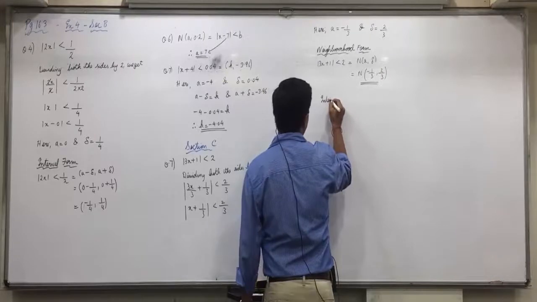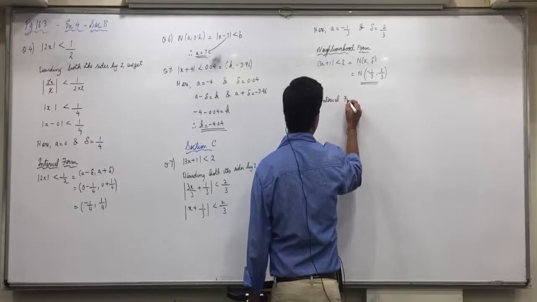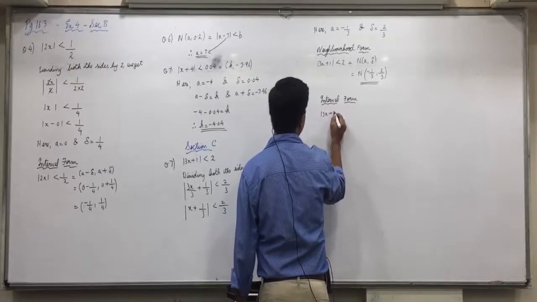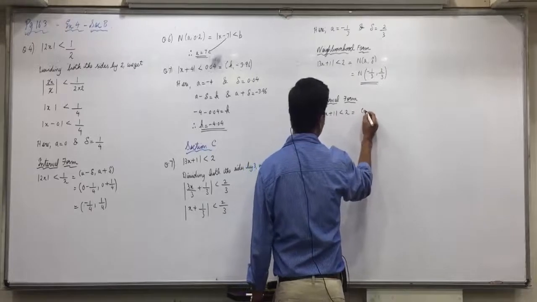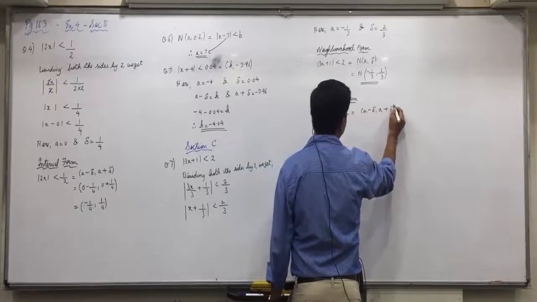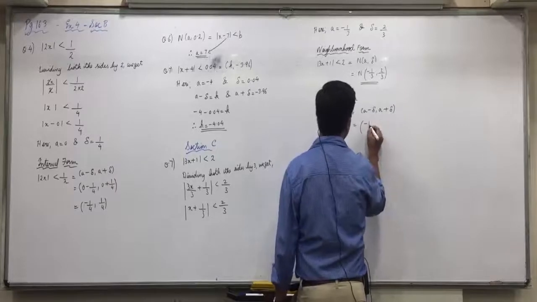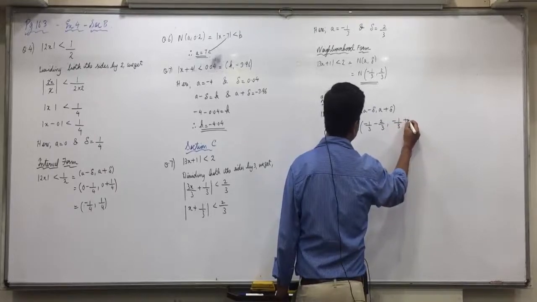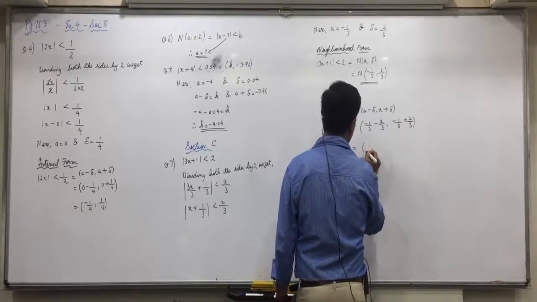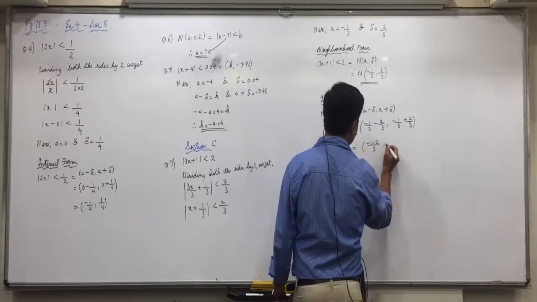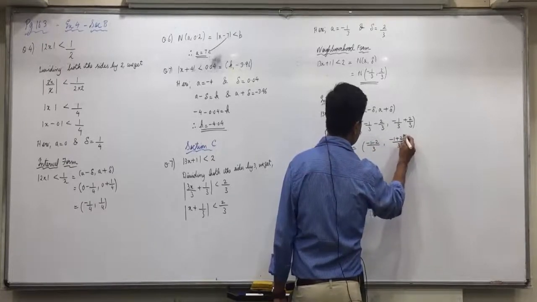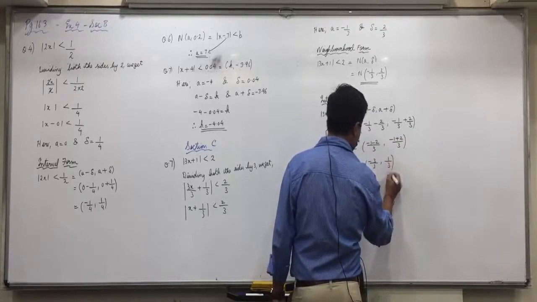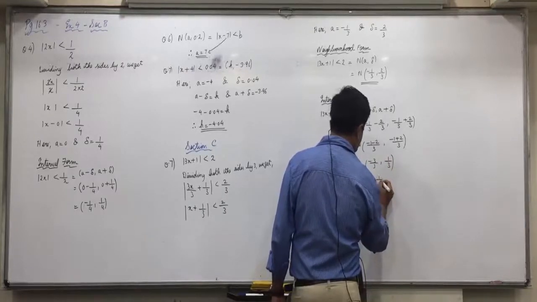And interval form: modulus 3x plus 1 less than 2 equals (a minus delta, a plus delta), that is, (minus 1 by 3 minus 2 by 3, minus 1 by 3 plus 2 by 3). If you do the LCM, (minus 1 minus 2 by 3, minus 1 plus 2 by 3), that is (minus 3 by 3, and 1 by 3). In short, (minus 1, 1 by 3).